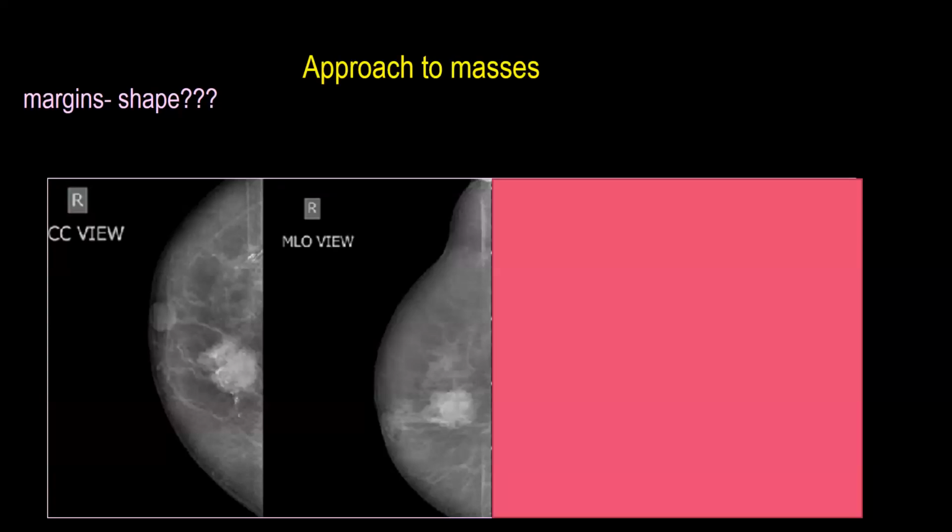Tell me the margin, shape and possible associated features. Indistinct margin. Okay. The shape is irregular. Irregular, excellent. On the left, associated margin non-circumscribed, microlobulated and indistinct combination. Can you give associated features?